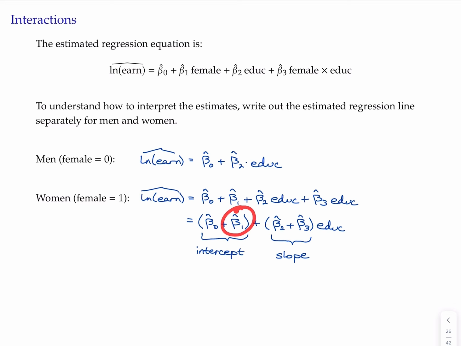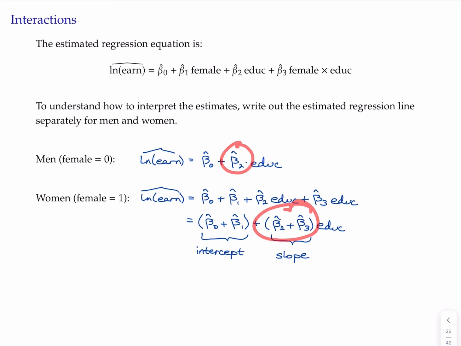Beta 1 hat is not the intercept for women. It's the extra intercept for women compared to the intercept for men in a log earnings against education plot. Okay, beta 3 hat is not the slope on education for women. It's the extra slope relative to men. This is the slope for men. This is the slope for women.